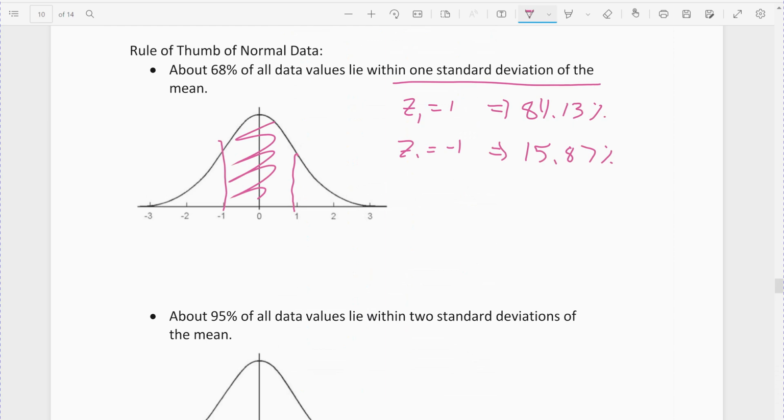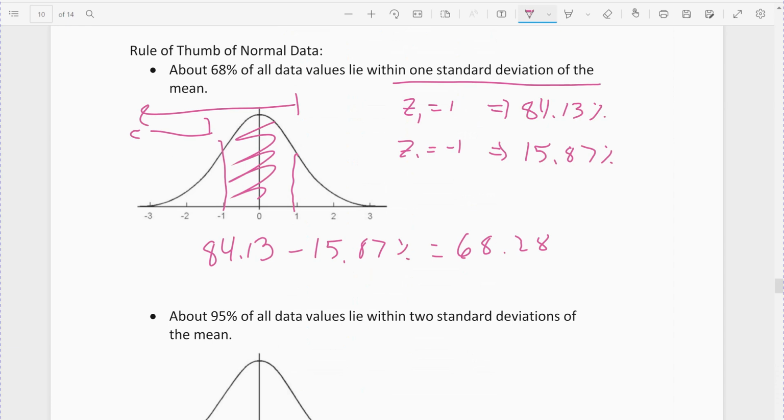Remember to find that area, we take the bigger number minus the little number. So 84.13 minus 15.87%, this is more exactly what it would be, but we use the rule of thumb because it's pretty accurate. It comes out to be 68.28. Since it's a rule of thumb, an estimation, we estimate it to be 68%.